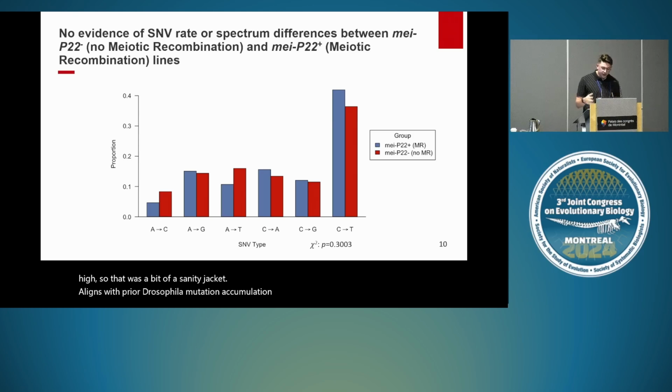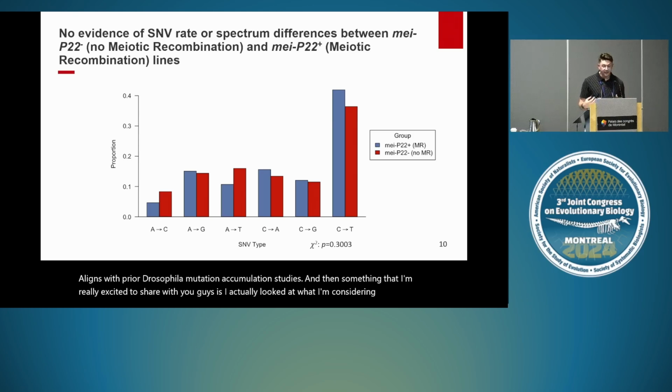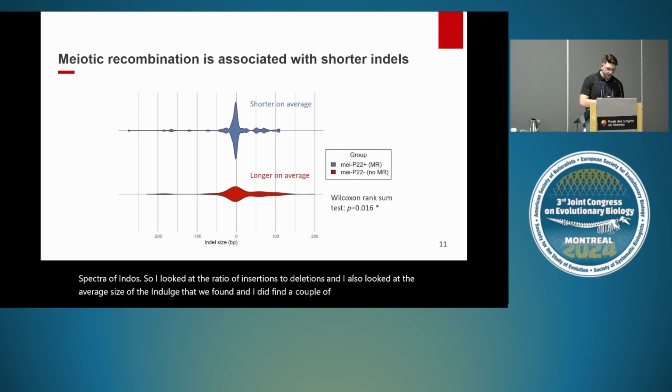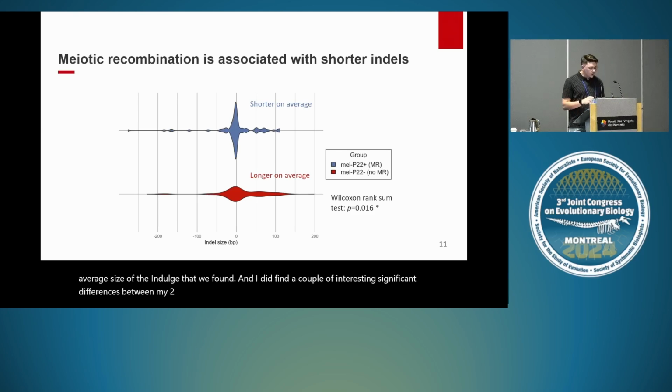And then something that I'm really excited to share with you is that I actually looked at the spectra of indels. I looked at the ratio of insertions to deletions, and I also looked at the average size of the indels that we found. And I did find a couple of interesting, significant differences between my 2 groups. You'll see here this is a violin plot.